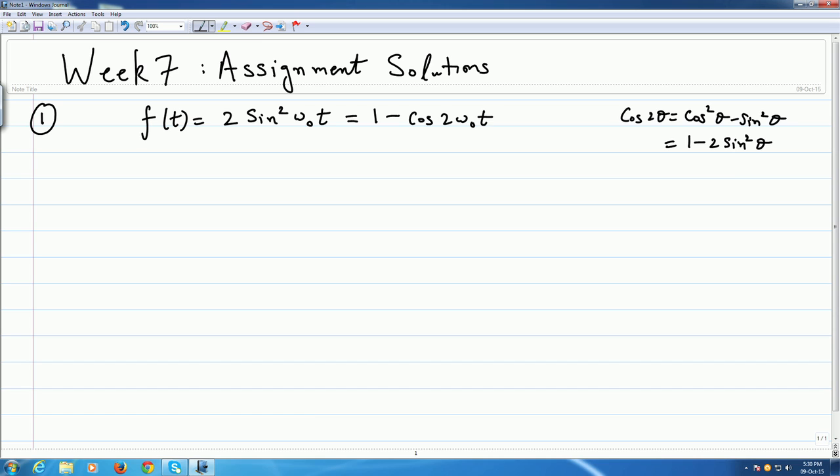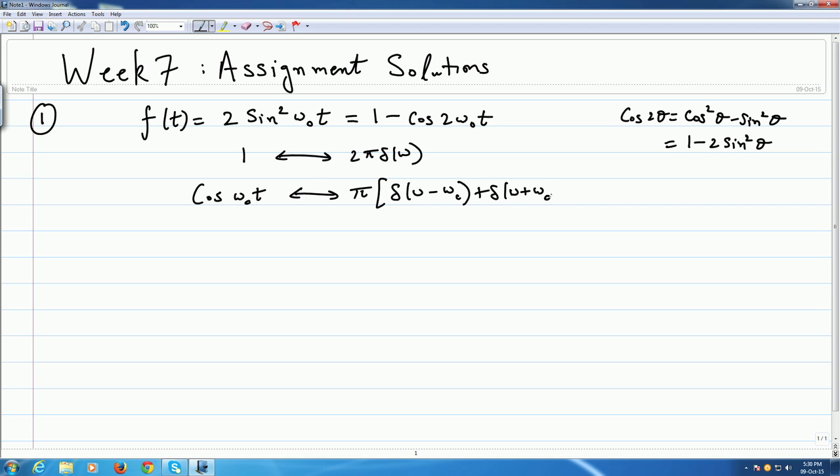Okay. So, from the tables I know that 1 corresponds to a Fourier transform of 2 pi delta omega, and cos omega c t corresponds to a Fourier transform pi times delta omega minus omega c plus delta omega plus omega c.